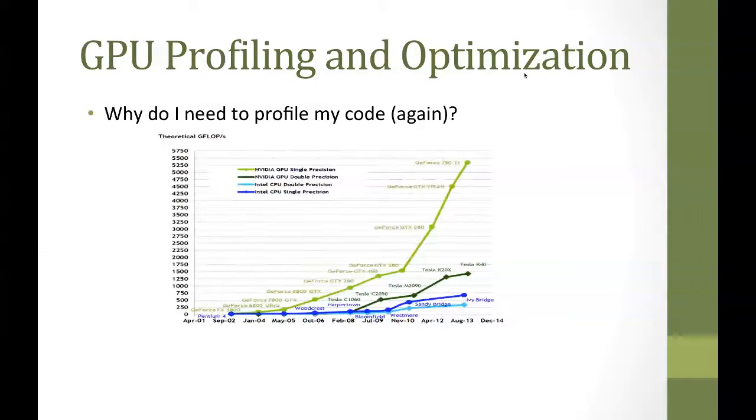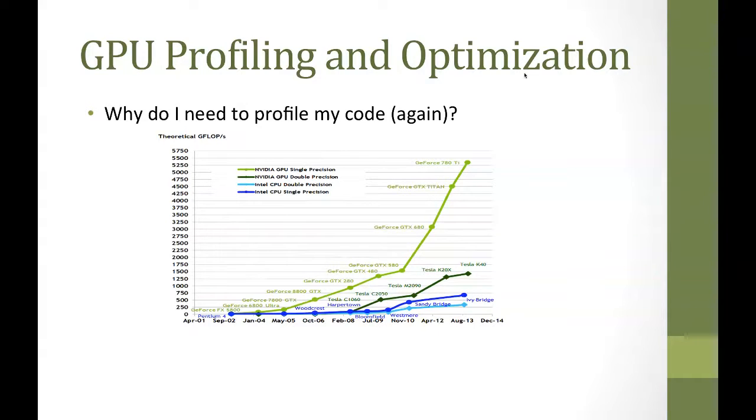Let's take a look at this picture here. We can find that different generations of GPUs have different capability for computing, and they have different performance indicators. For example, if we have code written years ago, maybe it was optimized for some old architecture like GeForce 800.